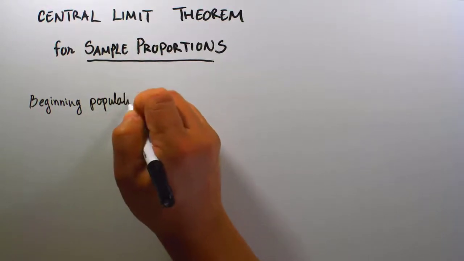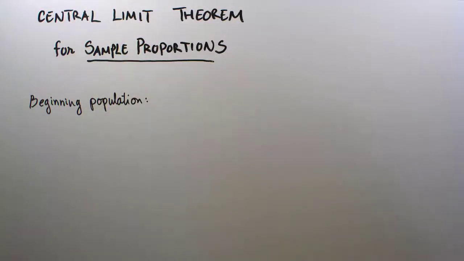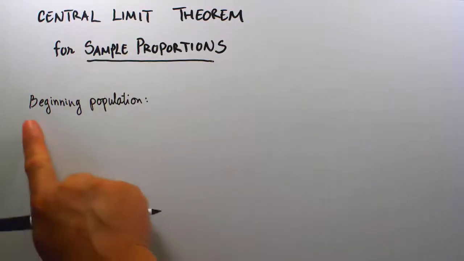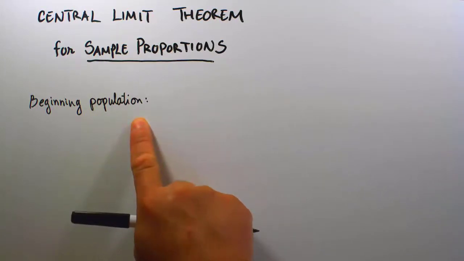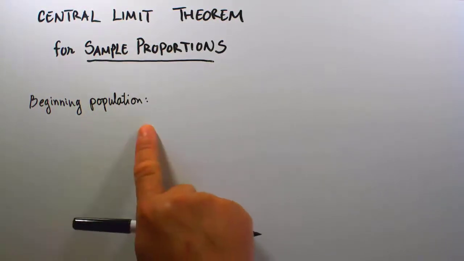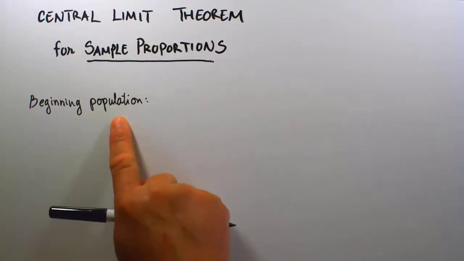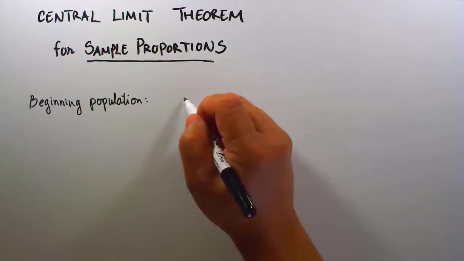And simply here, because I am giving step-by-step instruction, for that reason I have to write down these optional steps labeling what we're looking at here as being the beginning population. But when you're actually doing this on your own, then these steps are not necessary. So the beginning population is simply just the college students.